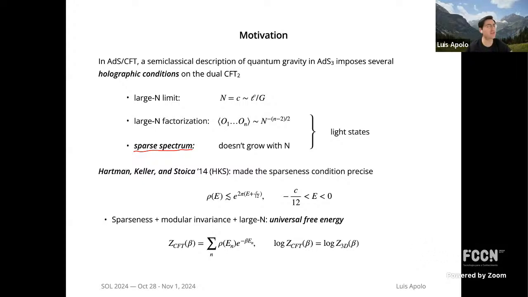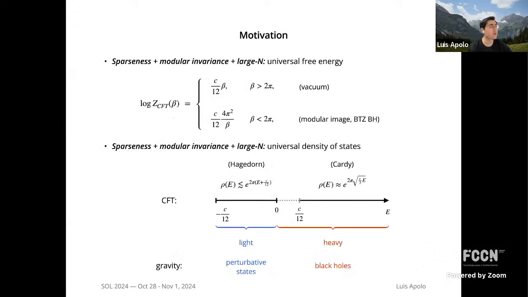By having a universal free energy, I mean that they found that the log of the partition function in this large N limit with these conditions equals the log of the partition function of 3D gravity, computed in the semi-classical approximation. In particular, this means that you find two types of behavior.